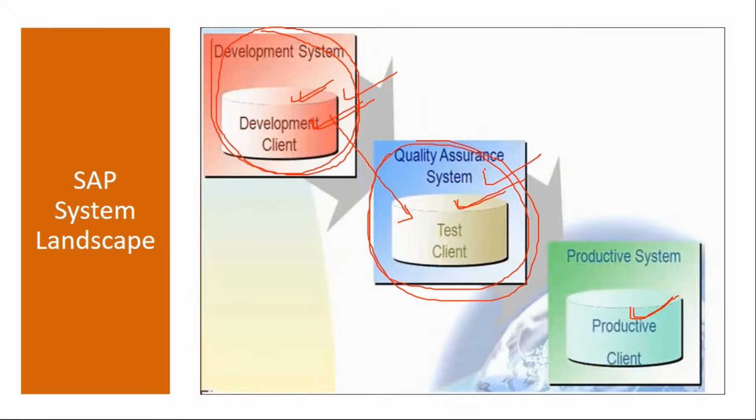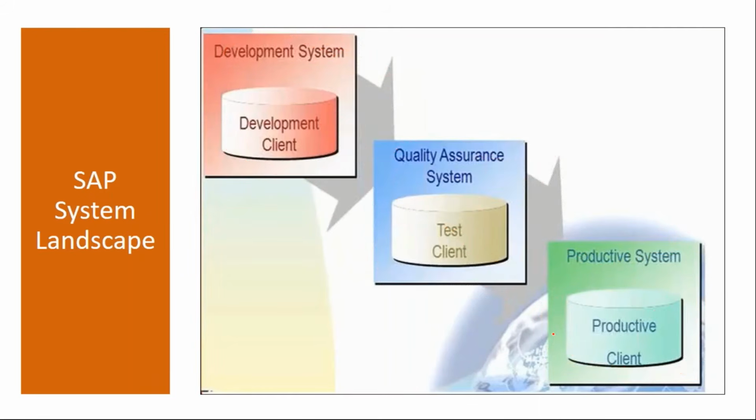Here the business does the final testing, whether everything is working properly and all business processes are executed according to their requirements. Once they are fully satisfied, they move these changes to the production system. The production system is the live system where the actual business users perform their day-to-day activities. So typically you will have three systems: development, quality, and production. This is the typical SAP system landscape.